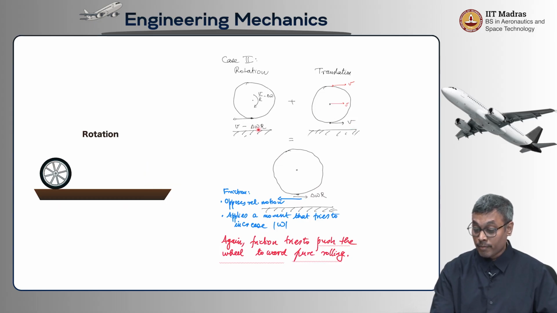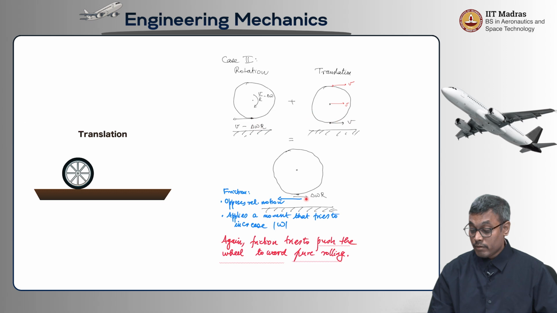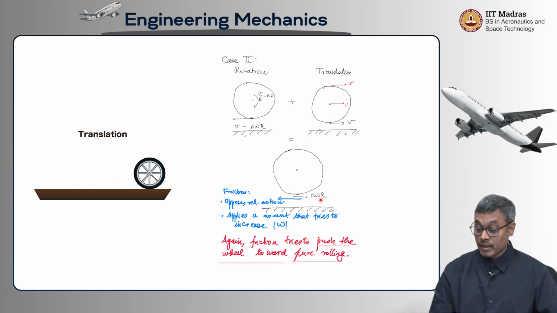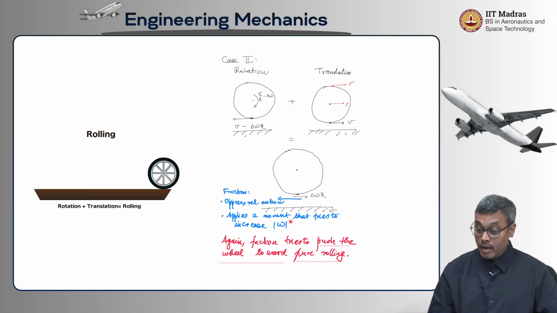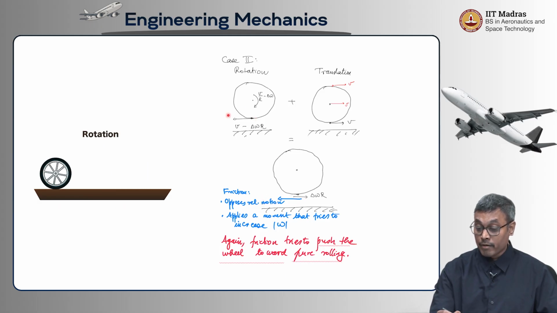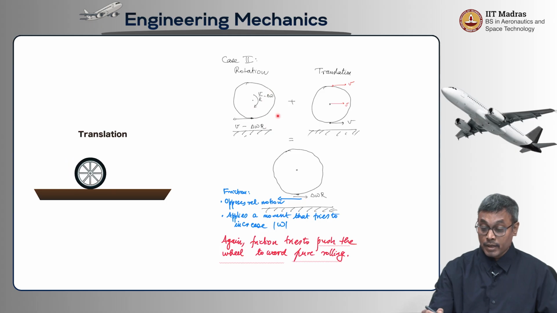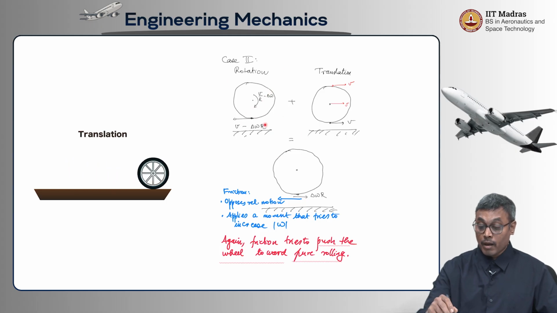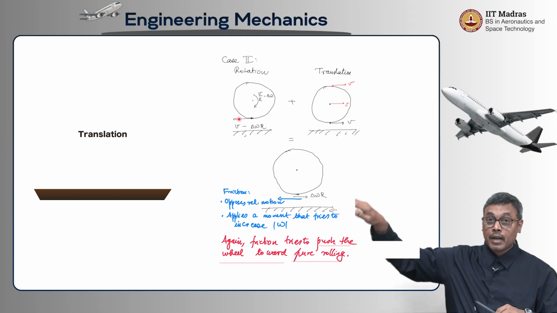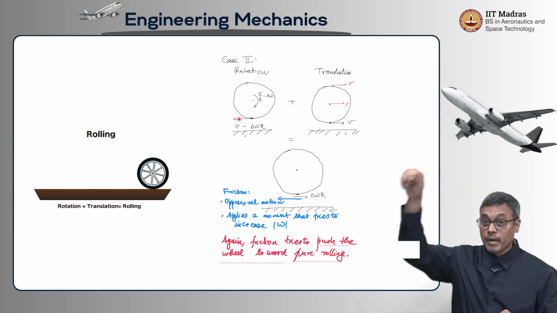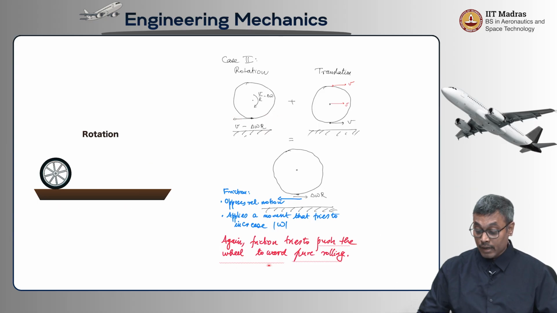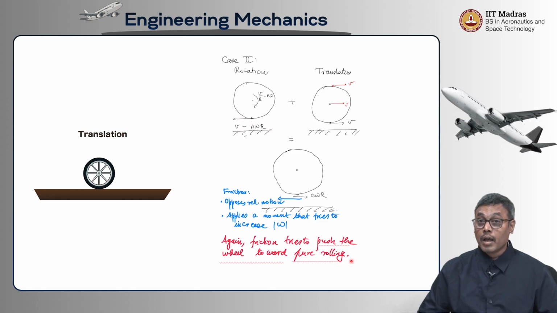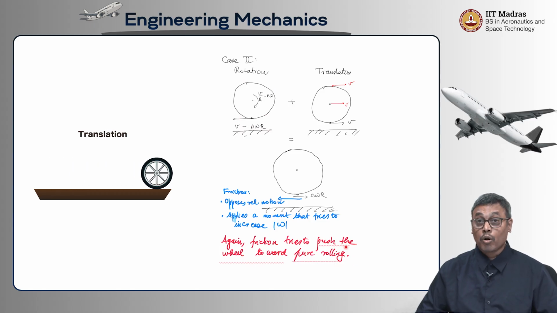There is a minus delta omega r backward, which is the same as a plus delta omega r forward. Friction as usual opposes relative motion, acts backward, and by acting backward, friction is actually trying to spin up the wheel. So if you take this wheel and you rotate it this way, then friction is spinning up the wheel, and it is essentially pushing the wheel once again toward pure rolling.